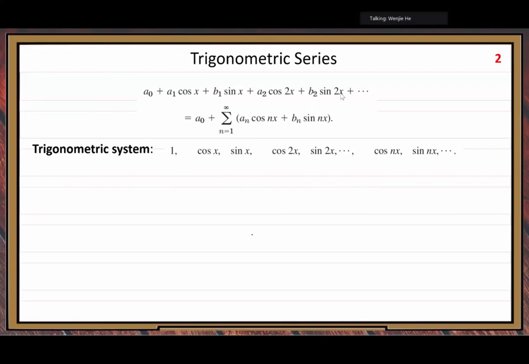That's the first property. Then there is another nice property, very important, that we need to use. It's called orthogonality, a very, very important property. So what is orthogonality?